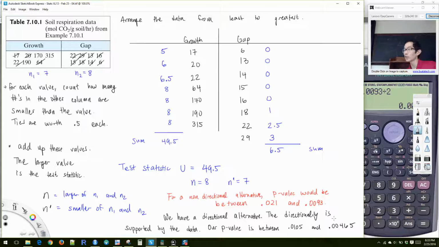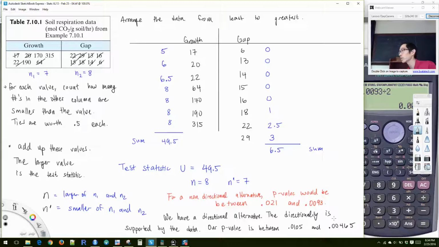All right, so we would reject the null hypothesis and say we have evidence to support the idea that the population that produces the growth data tends to produce larger values than the population that produces the gap data. So we don't use the column headings, just use those italicized numbers.